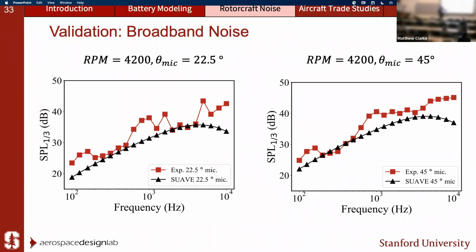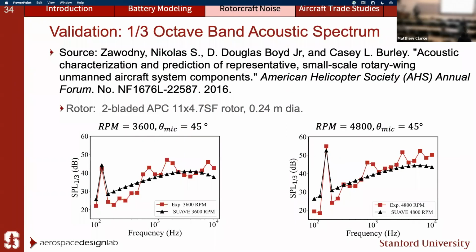So there's still a lot of work to be done in matching the experimental and the prediction data. But overall, there's still pretty good agreement in terms of the entire sound pressure spectrum. We're able to capture the harmonics, like I mentioned before, at the lower spectrum, and then we're able to capture just the general trends for the broadband, the higher spectrum.